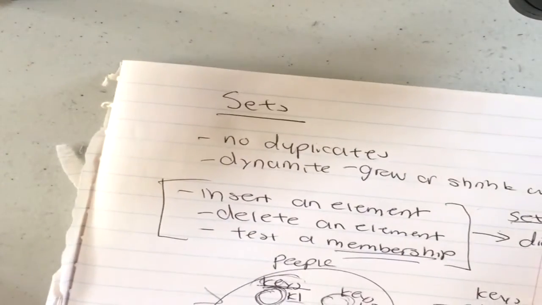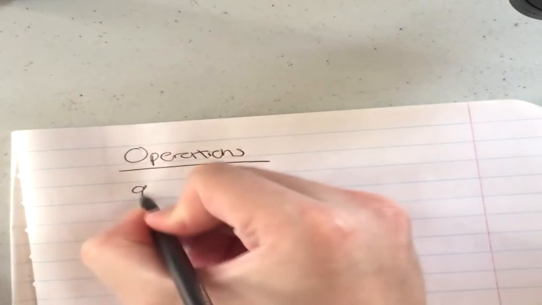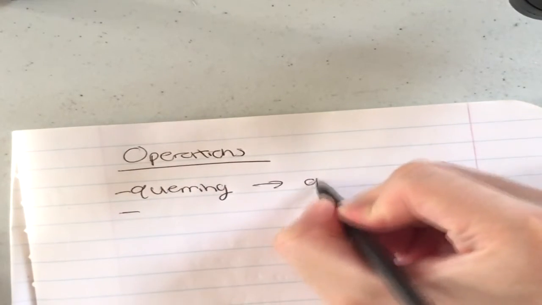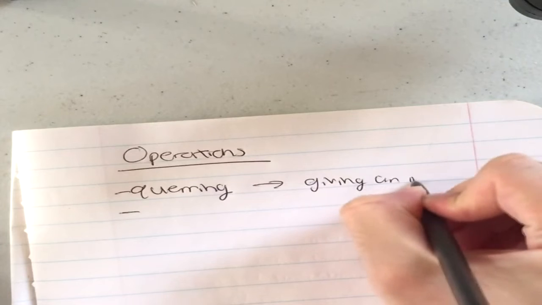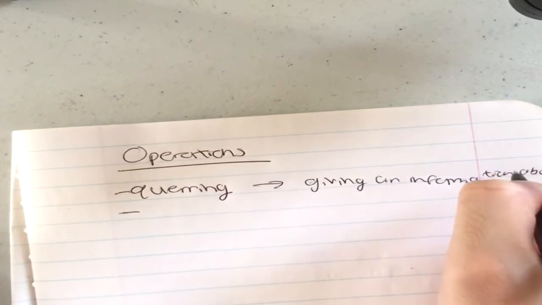Now let's talk about the operations on a set. What types of operations can you do? There are two categories. One is querying, which just returns information about the set.